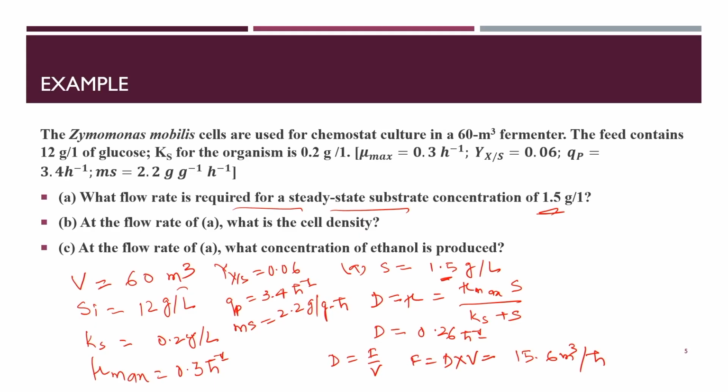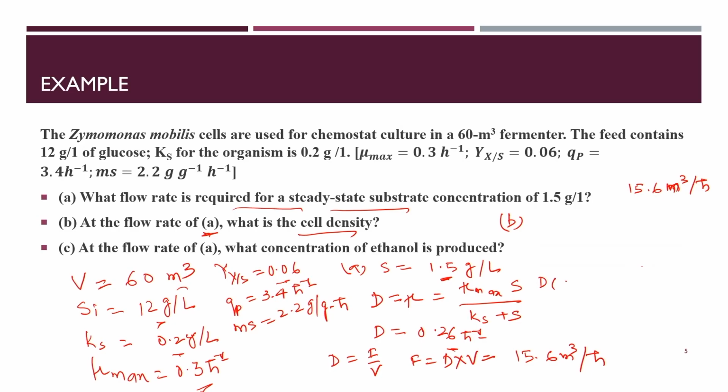Now, part B: we got 15.6 meter cube per hour. At this flow rate, what is the cell density? So, here you have to calculate the cell density. If you remember the formula for the cell density, we can look at the overall material balance.